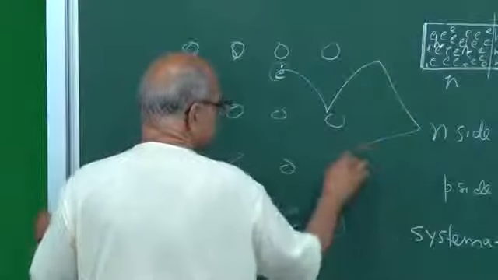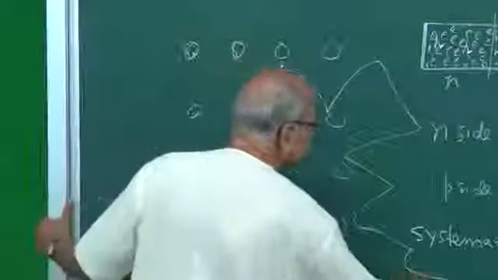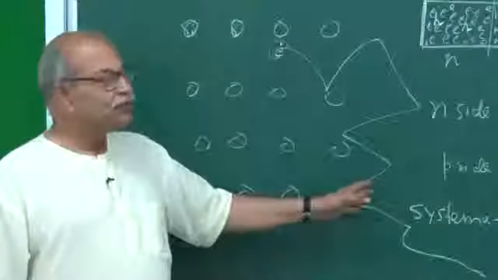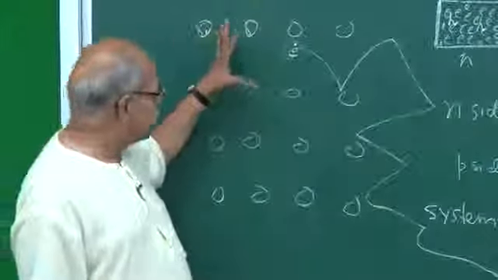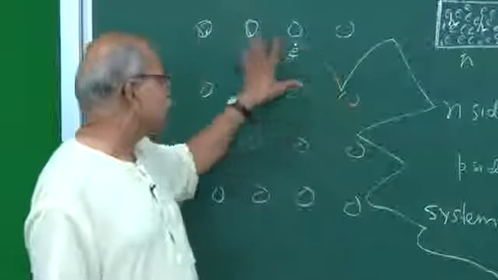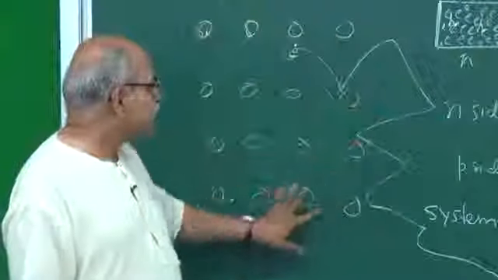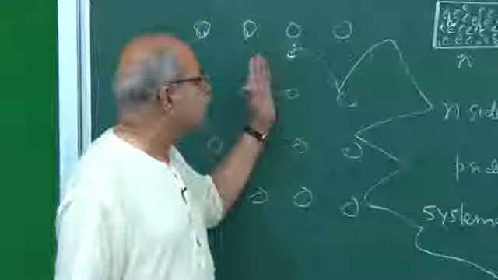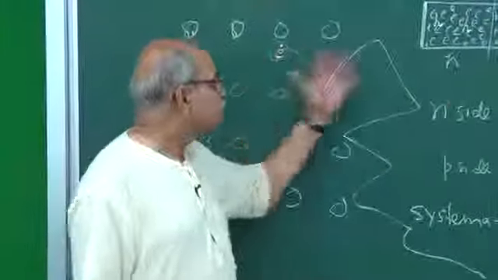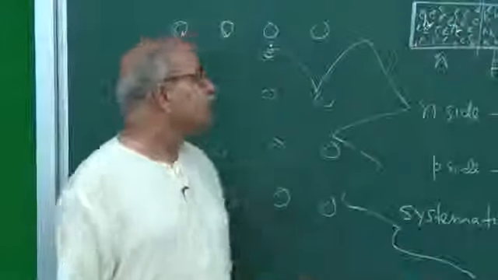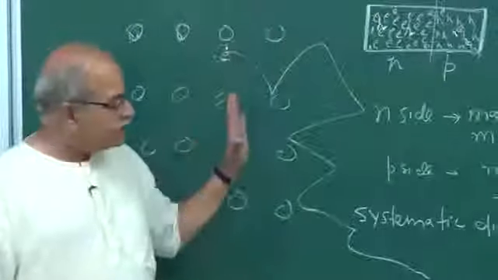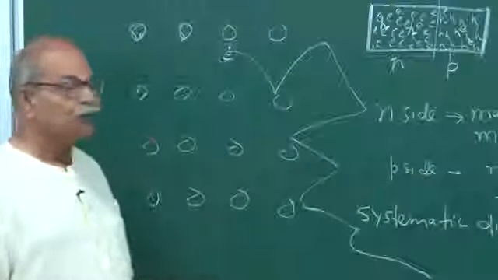They are just going randomly, moving from atom to atom, and so on. So in the process, they are going from this side to that side to this side. But since the concentration of electrons is large here, the number of electrons going in a given time from this side to that side will be much larger than what can come from the other side, and hence there is a net flow.